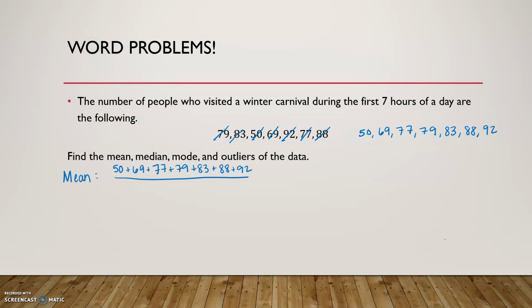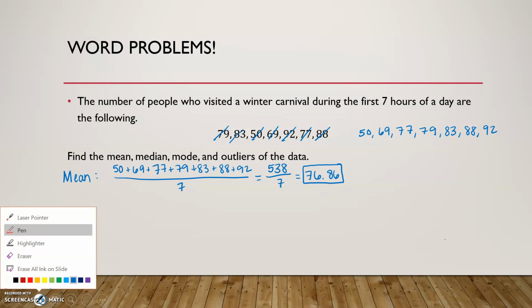So yes, 7 is correct. When I add all of those together, I get 538. And then divide that by 7, and I would get 76.857. And so I'm going to round that to two decimal points. All right, next is the median.